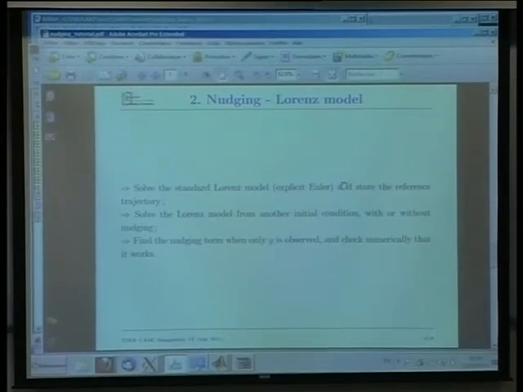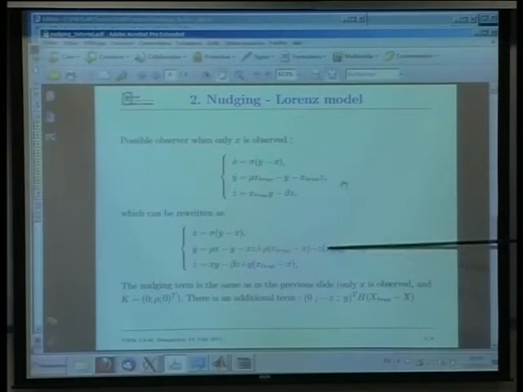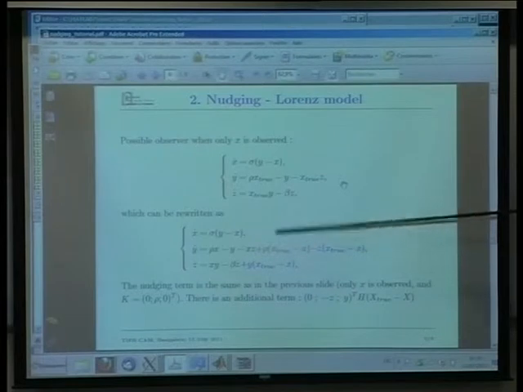So what is here is for x, if you observe the first component x, but you can try, if you observe only y, to find the correct nudging term if you only know y and not x.